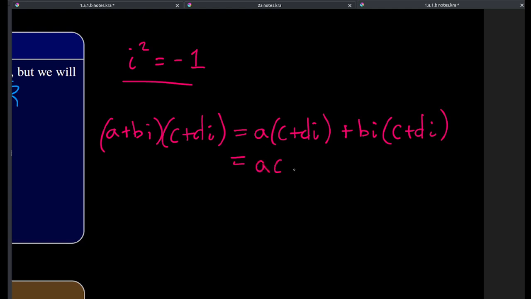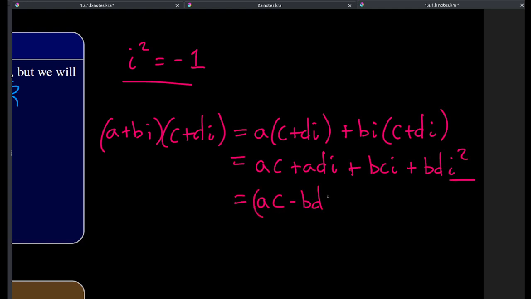Now I have ac plus adi plus bci plus bdi squared. Now, using the fact that i squared is -1, if we're going from this route, then just group everything together, and I'll get an ac minus bd, since this guy right here is -1.